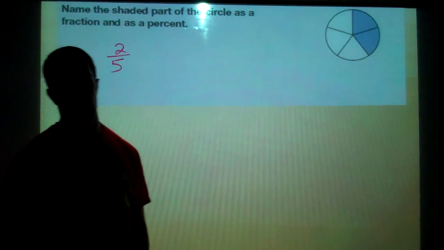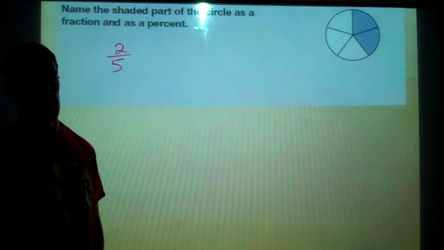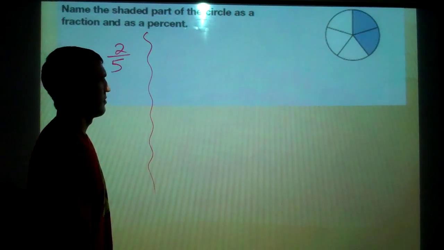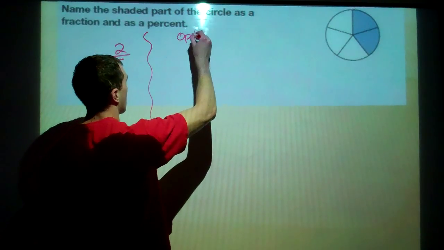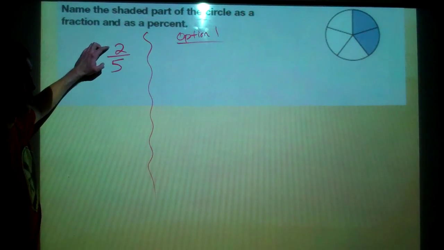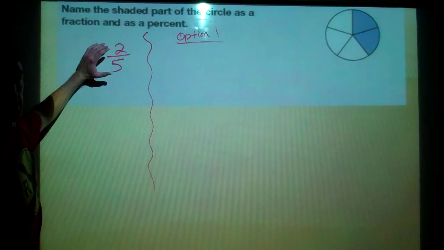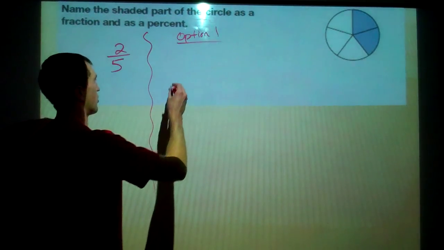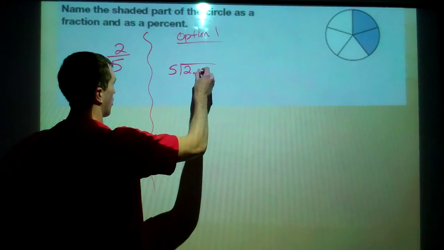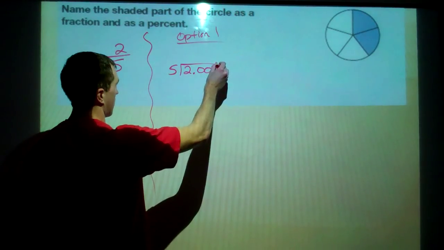Now in order to turn this into a percent, we have a couple options. Option 1, we can go ahead and do 2 divided by 5 and then multiply that answer by 100. So 5 into 2, put a decimal there.